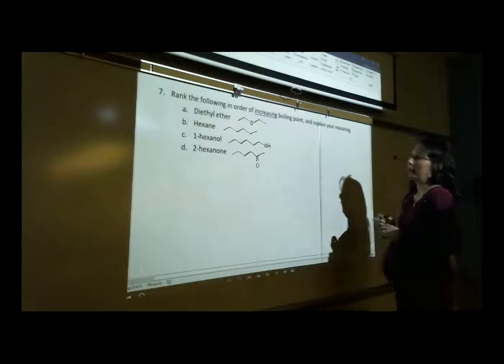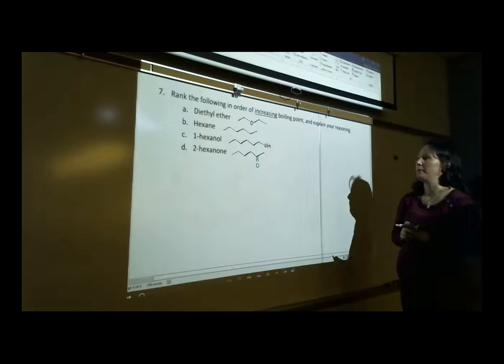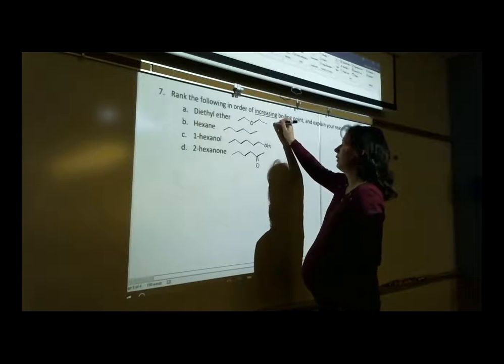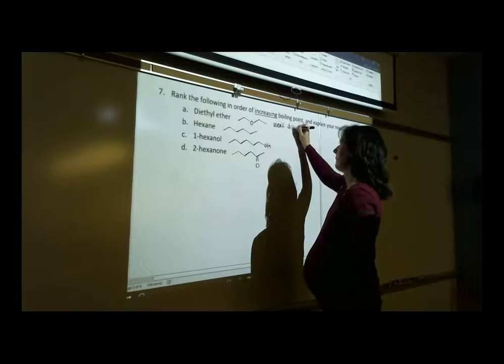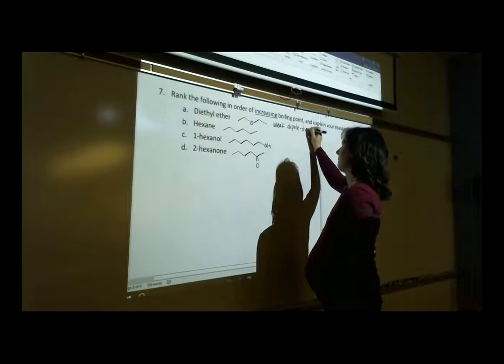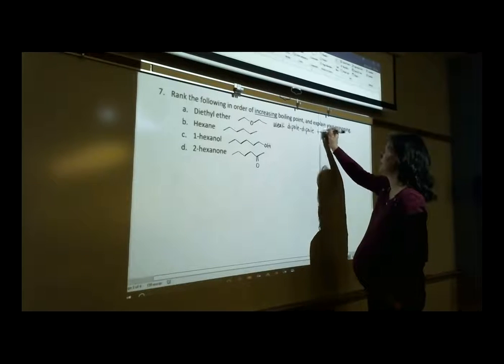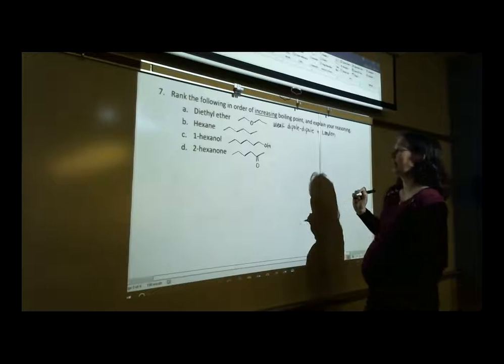All right, let's go through and list our IMFs, because that's the only way we can do this, right? What kind of IMFs does diethyl ether have? It has weak dipole-dipole, right? That's the strongest IMF, plus London, right? What does hexane have?